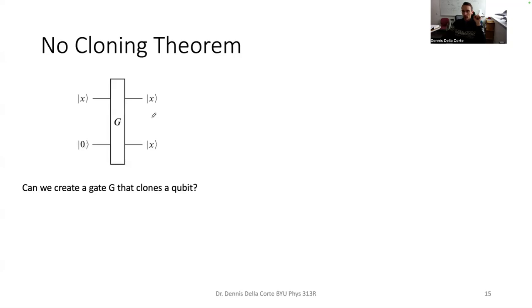Why would you ever want to have that? You might recall that some of our classical gates had these fan outs where you would have an x here, and then after the fan out, you have an x here and an x here that you can then use for something in the future. And so the question is effectively, are we able to build something like that for qubits? Can we take a qubit and send it in 2 different ways?